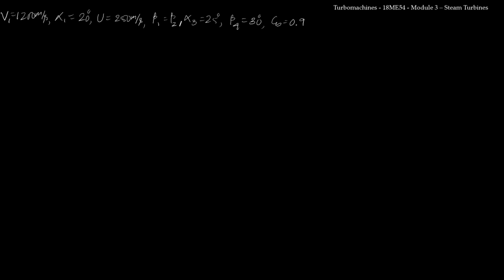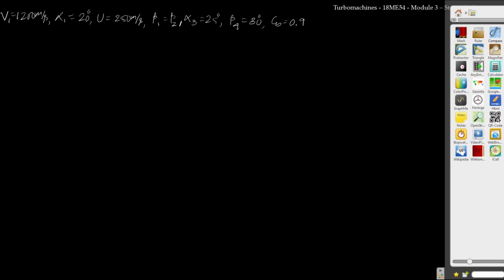Now I need to construct the velocity triangle. For that, I need to select a suitable scale, and always V1 will be the longest side in an impulse turbine. So I will choose the scale in such a way that the length of V1 will be approximately equal to 10 centimeter.